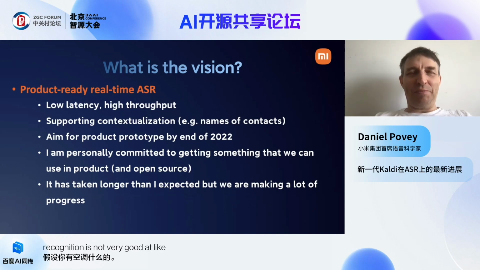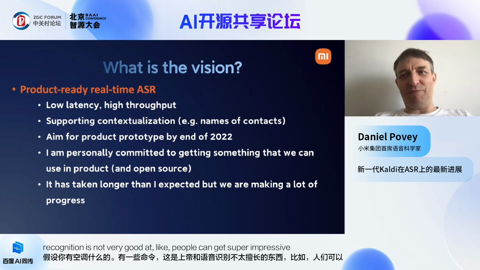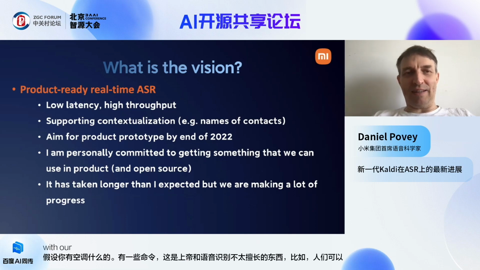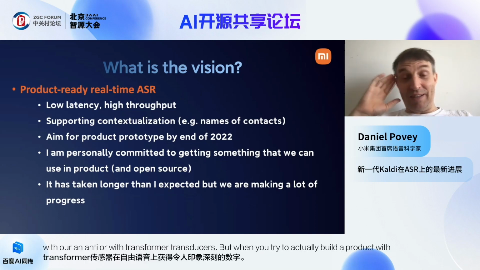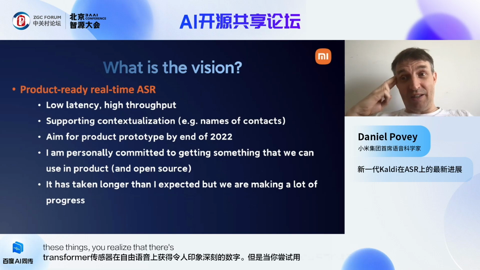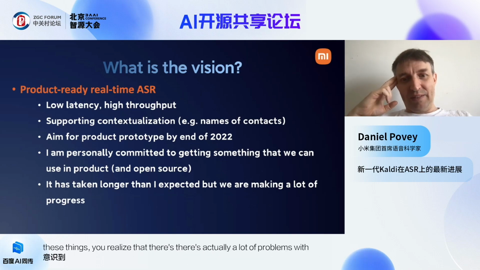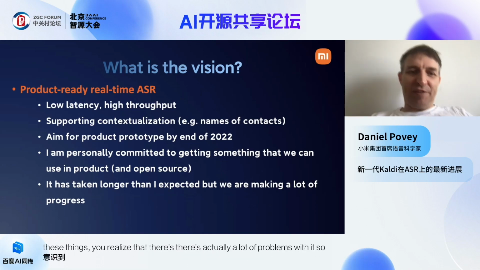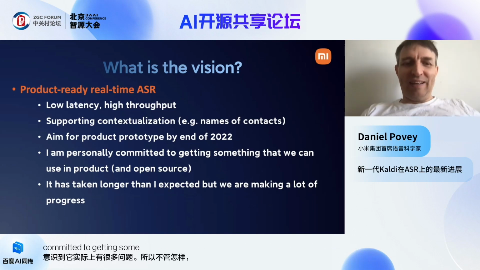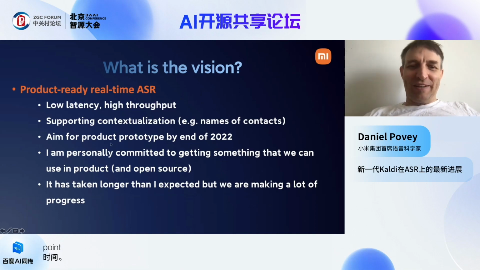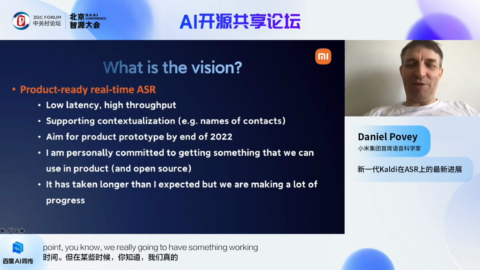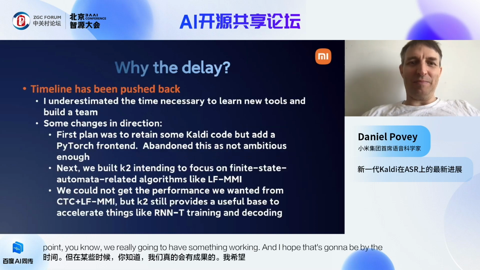People can get super impressive numbers on LibriSpeech with RNNT or with transformer transducers, but when you try to actually build a product with these things, you realize that there are a lot of problems. So anyway, I'm very committed to getting something working. This has taken a lot longer than expected, but at some point we're really going to have something working, and I hope that's going to be by the end of the year.